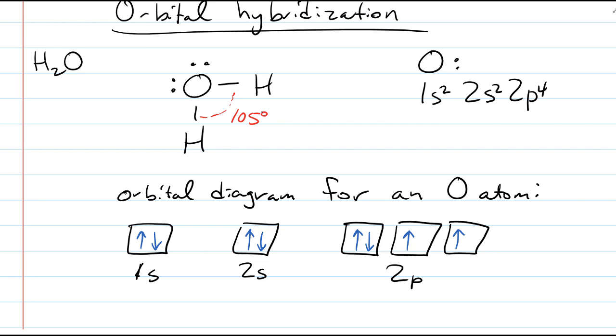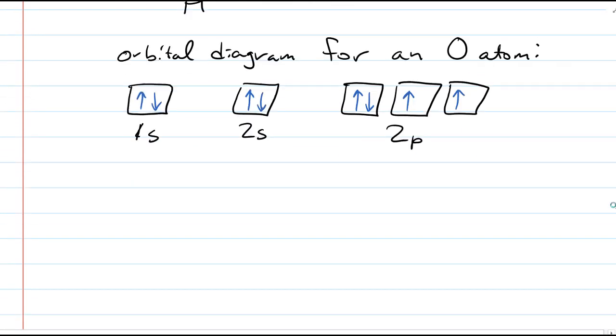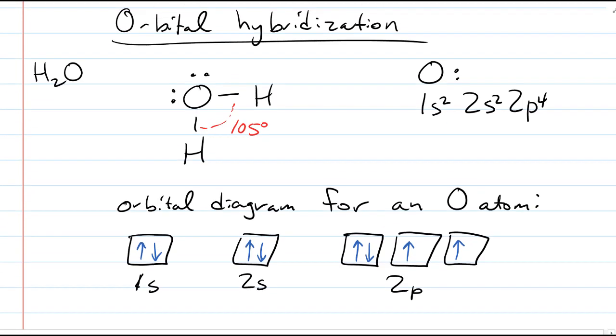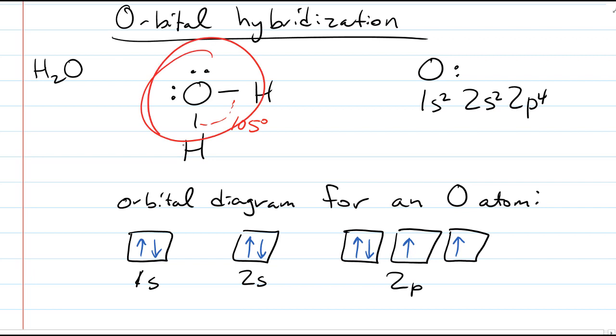So the way that we account for the fact that it's not 90 degrees and never is to produce what are called hybrid orbitals. And to make the hybrid orbitals, we then count to see how many groups of electrons there are around the central atom. And again, in this case, there's how many? There's 4.